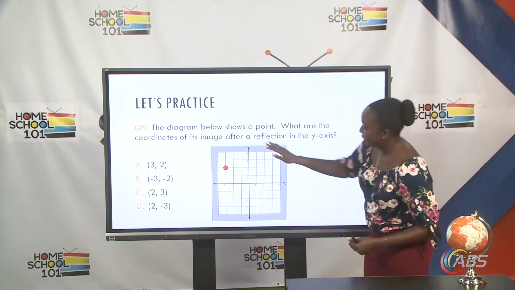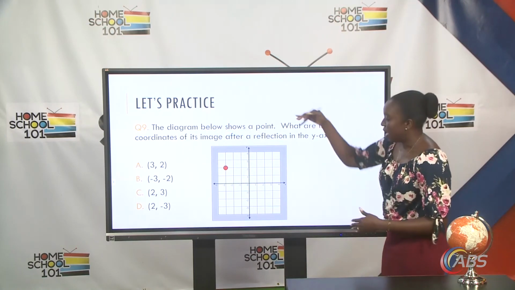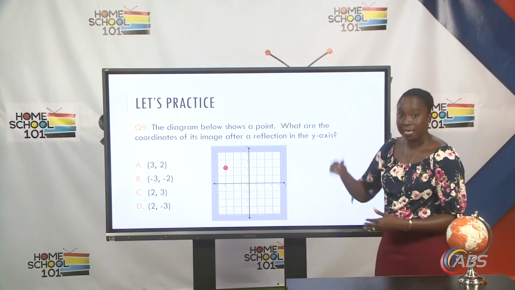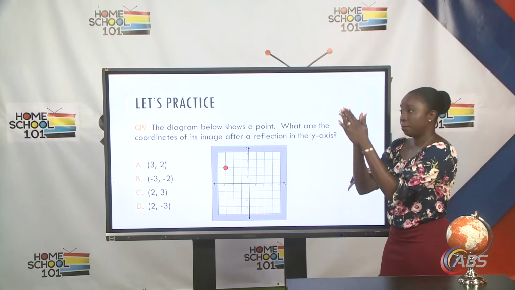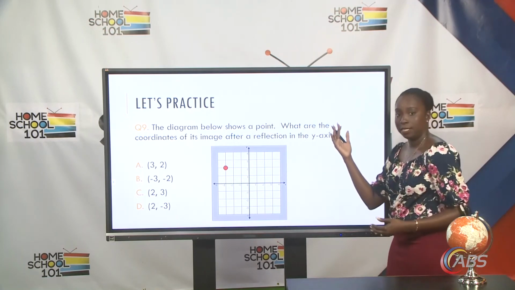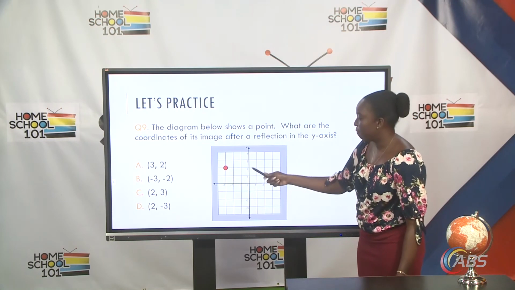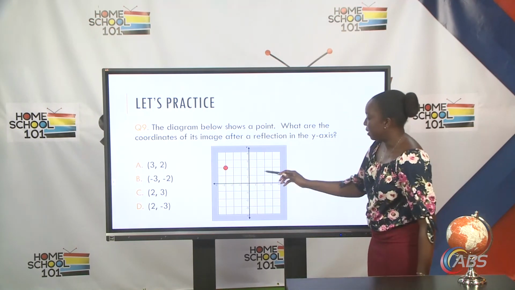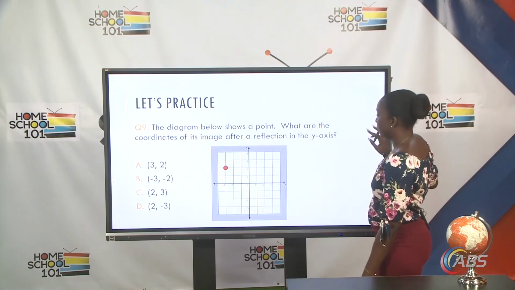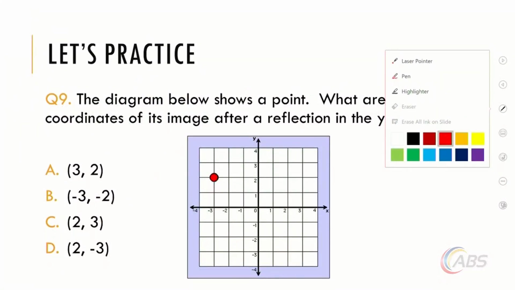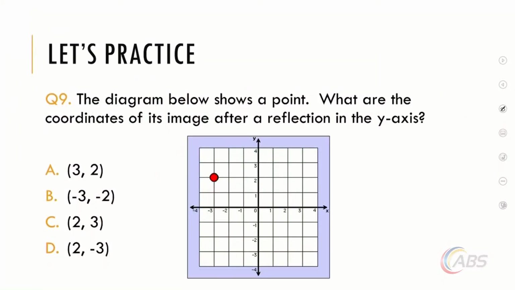So if you imagine this as a sheet of paper, the y-axis is the middle line, the mirror line. So if I fold this paper in half, where's that dot going to end up on the other side? So how far away is it from the mirror line? If I count from the mirror line, I went to the left 1, 2, 3 places.